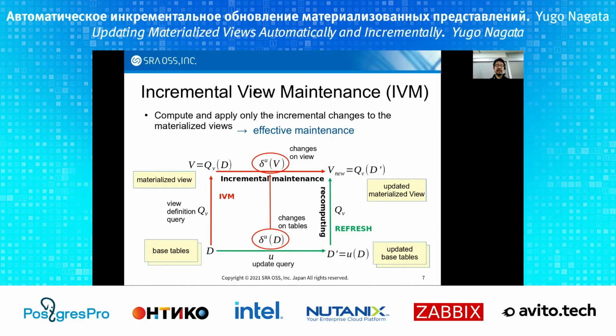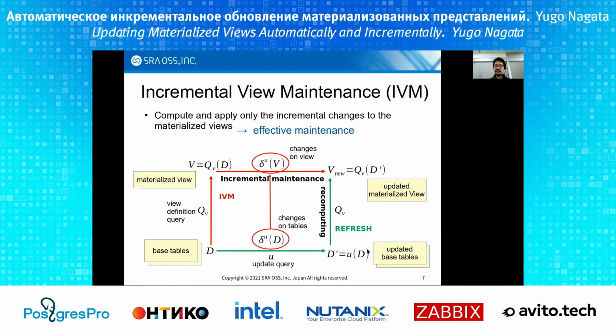This figure represents IVM informally. When we have a base table D and view definition query Q, we can get the contents of a materialized view V. When a base table is updated, we can get changes on tables and the updated base table.